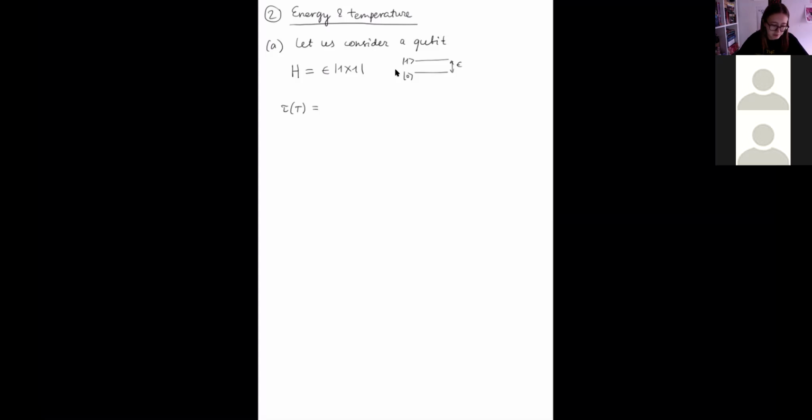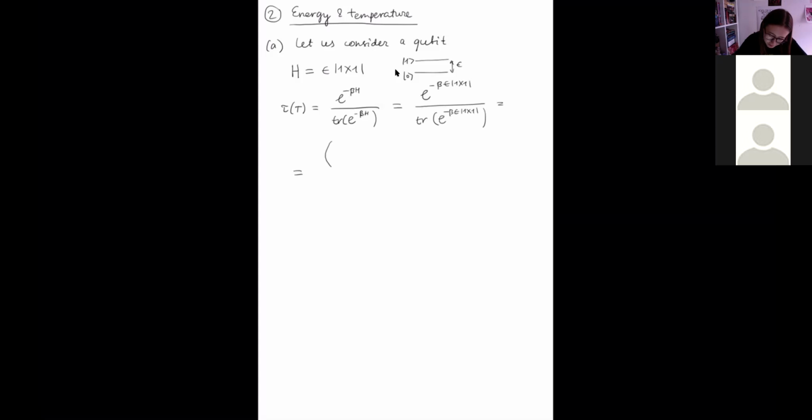So we have tau of T, which is per definition e to the power minus beta H over the trace of e to the power minus beta H. So here we have e to the power minus beta epsilon times the matrix 0, 0, 0, 1, over the trace of the same thing. Let us write this in matrix form.